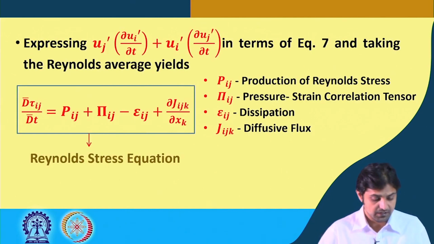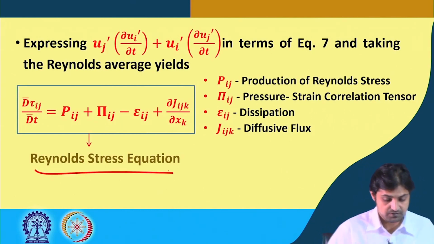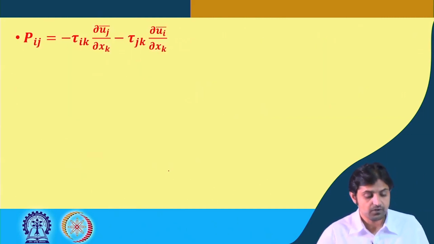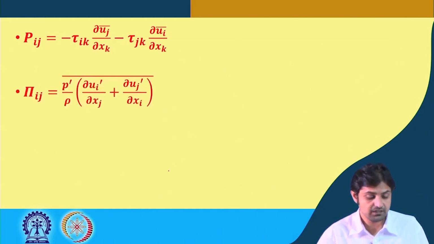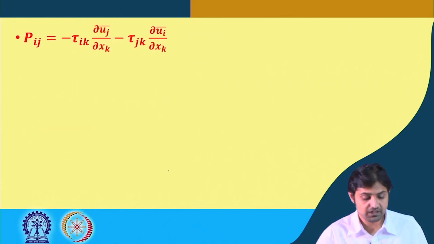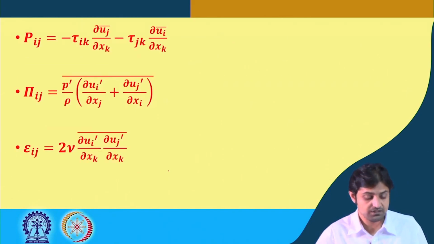All right, and this is the Reynolds stress equation. Pij is given as minus tau ik del uj by del xk minus tau jk del ui by del xk. This is the expression of the production. Epsilon ij is the dissipation.